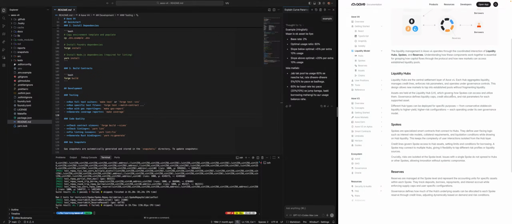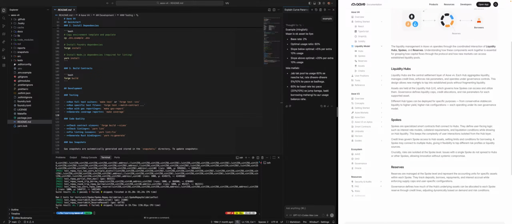Interesting. What they are saying is that liquidity hubs are the central settlement layer where the actual settlement happens, and each hub aggregates liquidity. I understand what it means in theory, but how does it work practically? It manages credit lines, on how much borrowing and what the gap between borrowing and lending is, and it enforces risk parameters.